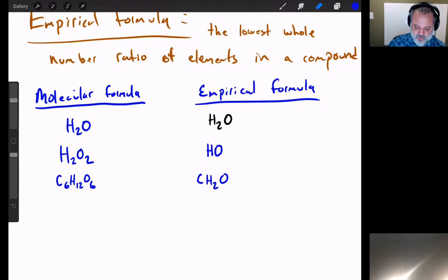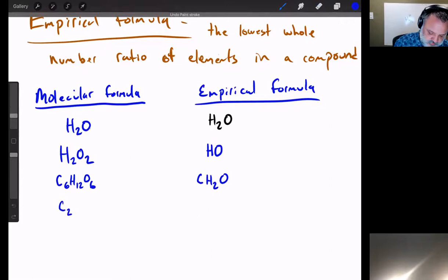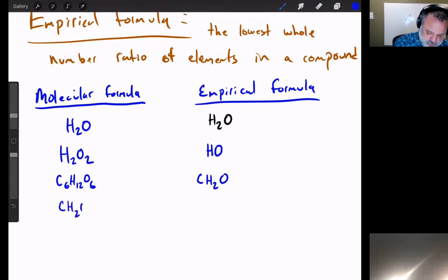Well, there is a molecule called formaldehyde. And the formula for formaldehyde is CH2O. The empirical formula for formaldehyde is also CH2O. So I want to make sure that I'm illustrating the limits.